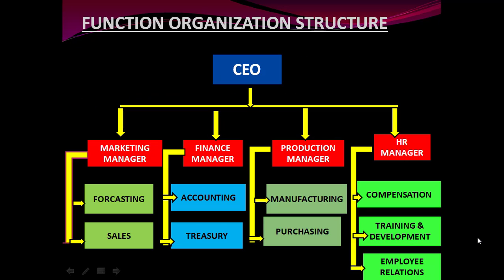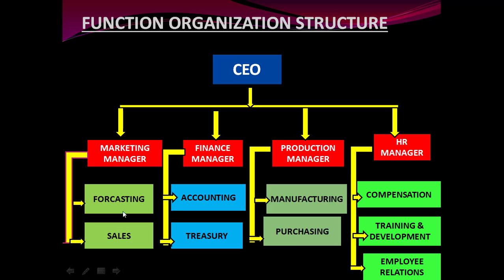Now, this is the diagrammatic representation of functional organizational structure. So here we see at the top management there is the CEO, and then at the middle management level there are different functional managers, that is marketing manager, finance manager, production manager, and HR manager. And under each departmental manager there are its employees, right?